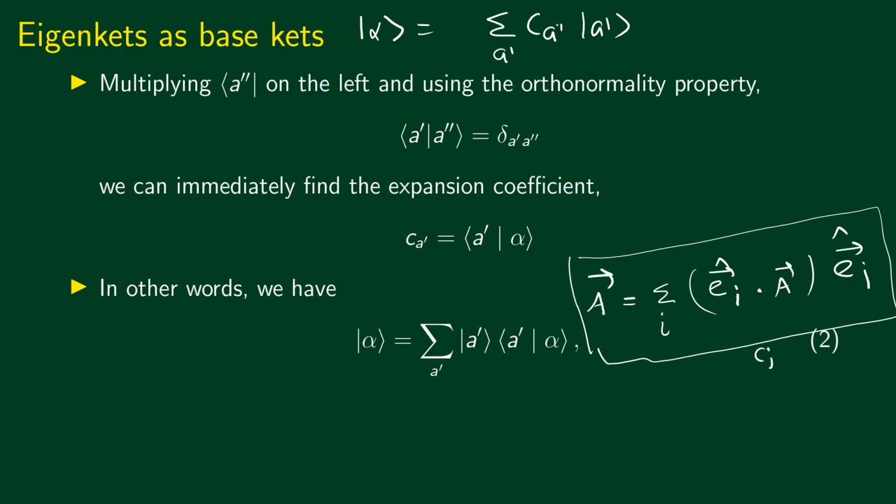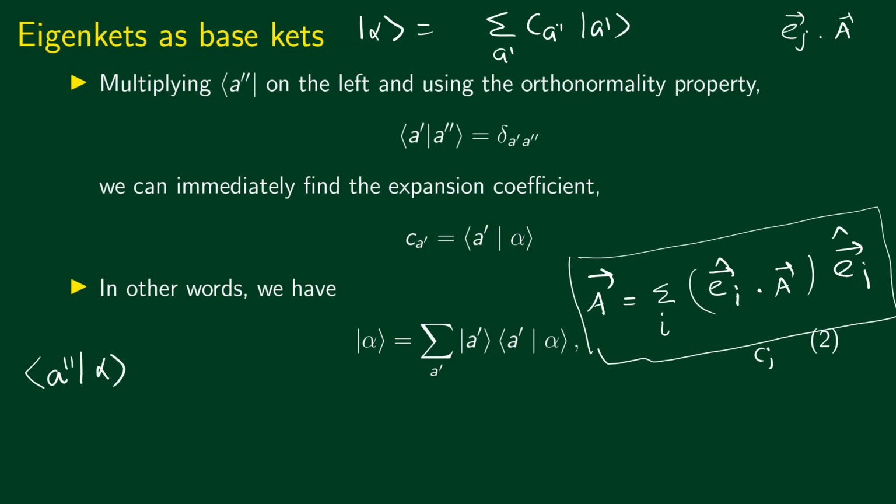Let's find the inner product with, let's say, a prime, or a double prime. In the case of A vector, what we did was we took the inner product Ej dot A vector. In the complex vector space, the same idea is denoted like this. We are multiplying by bra a double prime on the left. So this is like taking the inner product. This is the same thing as projection. We have discussed this. So let's push this bra a double prime from the left.